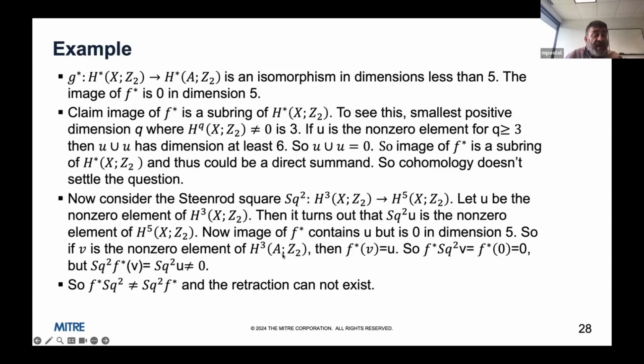So what happens is if you take the non-zero element V in H3, we've said that F star of V is U. So F star of SQ2 of V, though, is going to be F star of 0, which is just 0. So SQ2 of U is non-zero, but SQ2 of F star of V, which would be U in this case, would be 0. And so that's a contradiction. So that means the retraction can't possibly exist. But without Steenrod squares, we would have never known that.